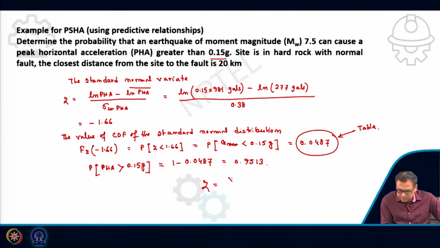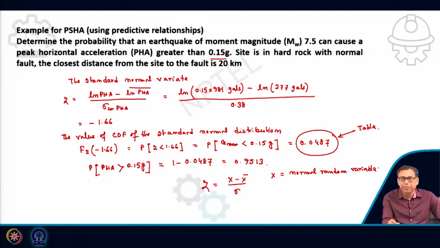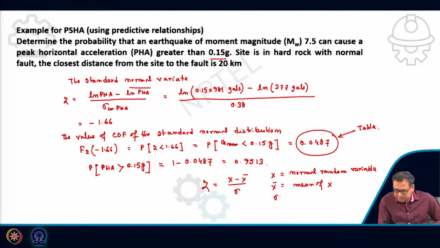So here you can see what the Z value is. Z is x minus x bar divided by sigma. So what is x? X is the normal random variable, which here is 0.15 G. Okay, and x bar is the mean of x, which is the mean value from the expressions, the attenuation relationships that are given, and sigma is the standard deviation of x.